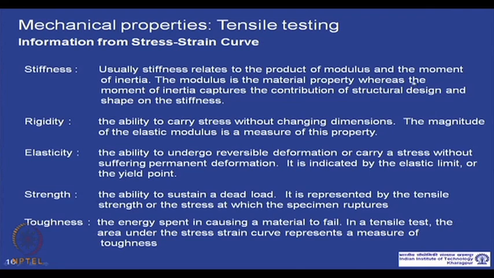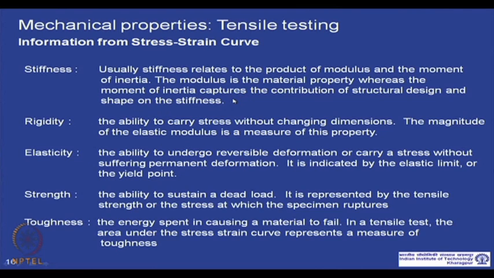If you compare different materials of the same specimen, then the higher the modulus, obviously the higher the stiffness and the resistance to bending. So, modulus is the material property, whereas the moment of inertia captures the contribution from structural design and shape to stiffness.